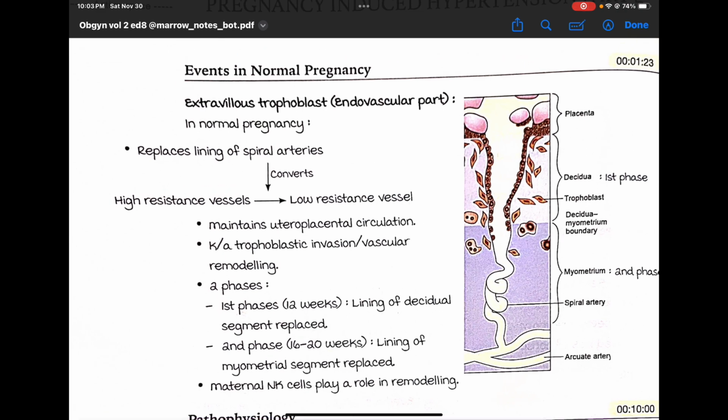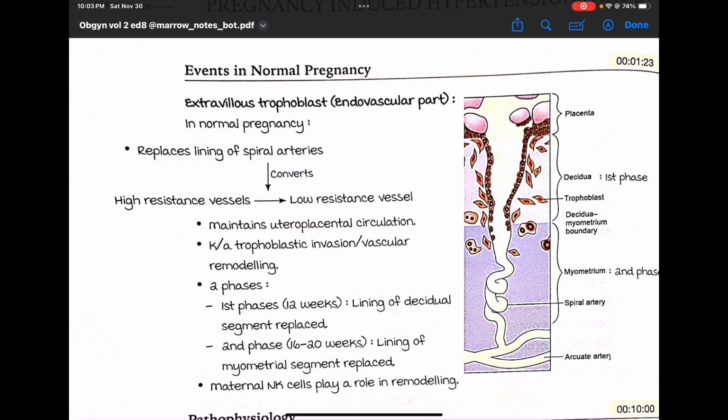In normal pregnancy, it replaces the lining of spiral arteries, converts high resistance vessels to low resistance vessels, and maintains uteroplacental circulation. This is known as trophoblastic invasion, vascular remodeling.